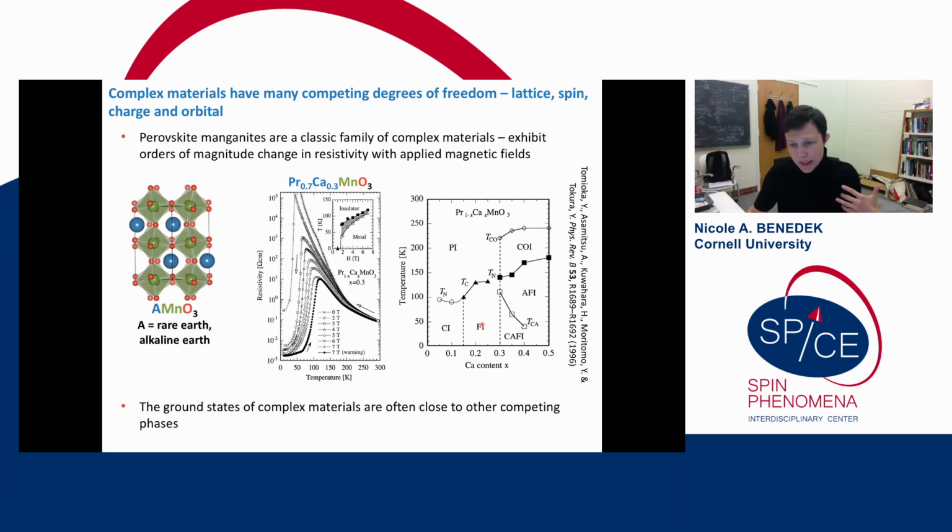So in these systems, changing the control parameter x, this calcium content, not only changes the hole concentration through the concentration of manganese 4+, it also subtly changes the crystal structure, which in turn affects the spin order and the orbital order.